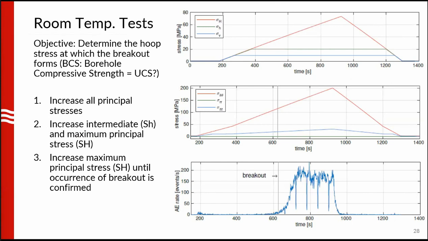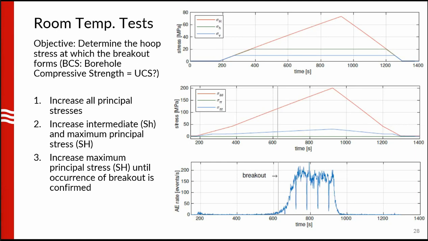So the first experiment we did is the room temperature test. First we wanted to just, without any heat, produce breakouts in these rocks. So the objective is, because we know the rock strength of these rocks, are we getting breakouts where we expect? The procedure is that first you increase all principal stresses, and then after you hold the vertical stress constant, you only increase the two horizontal stresses.